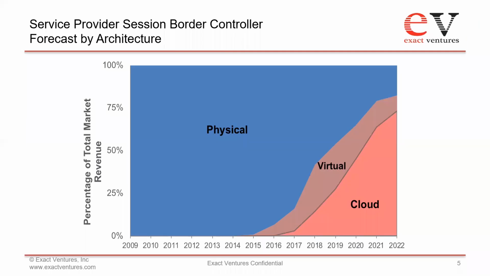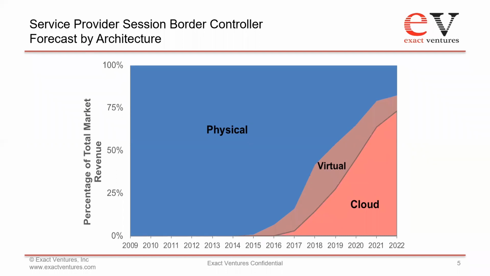Let's talk about the market for a moment. We talked to the folks at Exact Ventures a couple of years ago, and they shared with us this slide, which is a forecast of what they saw in the session border controller marketplace. One of the things we picked up on was their expectation that the market is going to shift as we go forward from physical devices like session border controllers to virtualized, and of course to cloud.